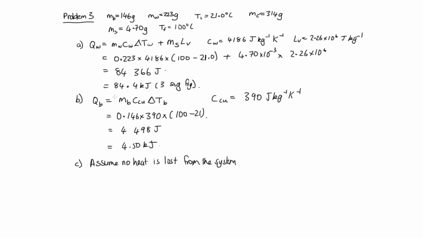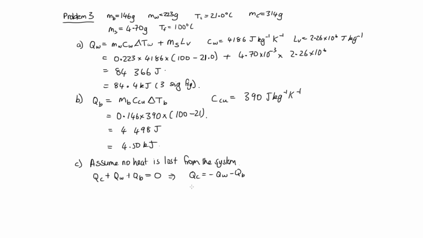Then we know that the heat transferred to the water and the bowl comes from the cylinder. So the heat from the cylinder plus the heat to the water plus the heat to the bowl is equal to 0. The cylinder will end up cooler, so it's going to be losing heat, so QC is going to be negative. But we can rearrange this to say QC is equal to minus QW minus QB, and we've got values for these things.